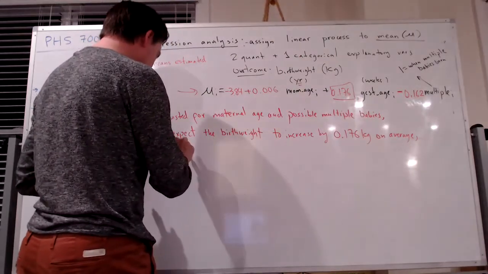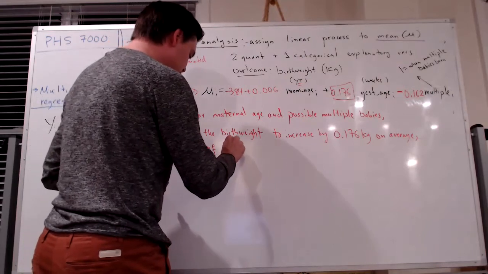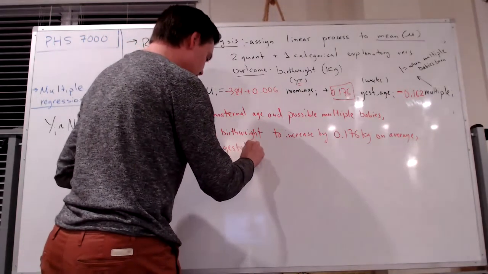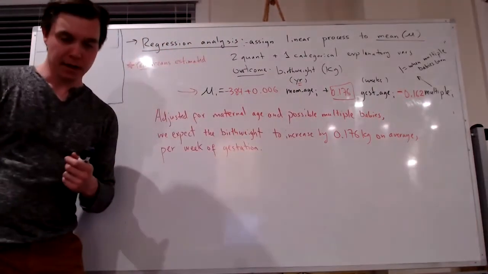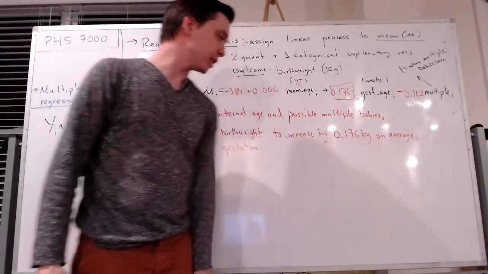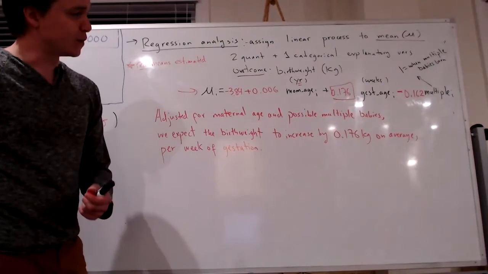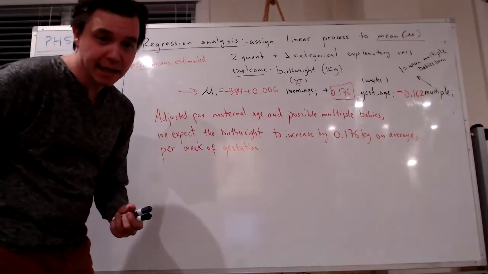per week of gestation. Per week of gestation, about just under a fifth of a kilogram, adjusted for maternal age and chance for multiple deliveries. What about per day of gestation?